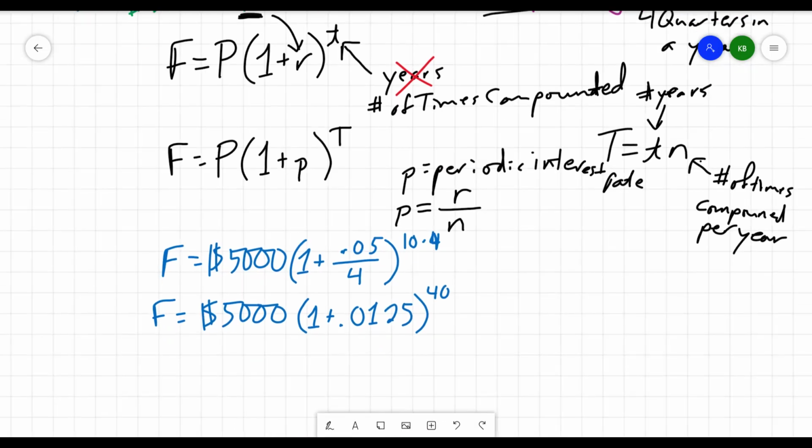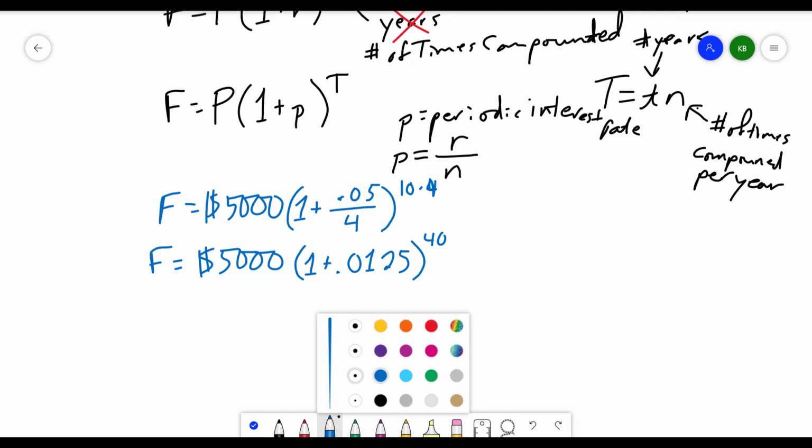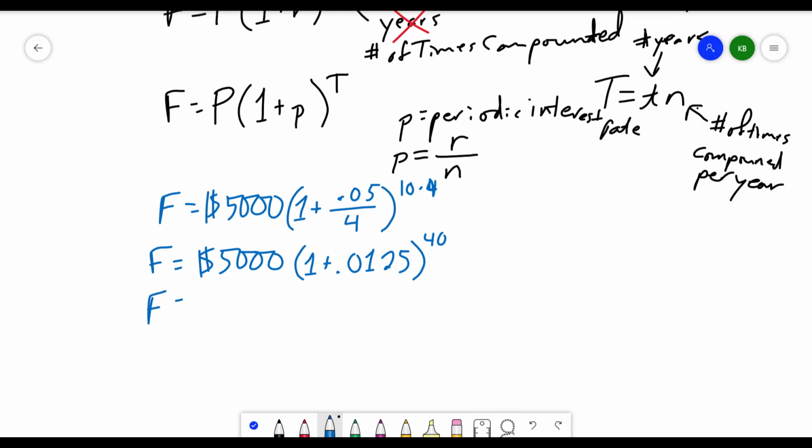So I now have my future value is going to be $5,000 times 1.0125 to the 40th power. So we'll see what this CD would do if it was quarterly compounding.